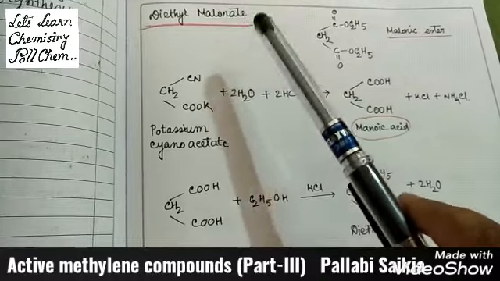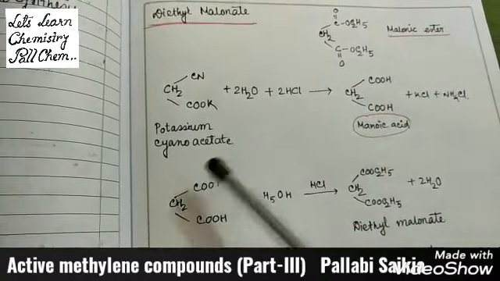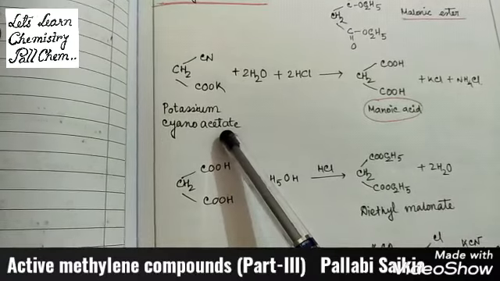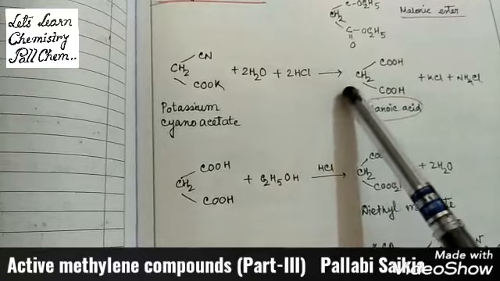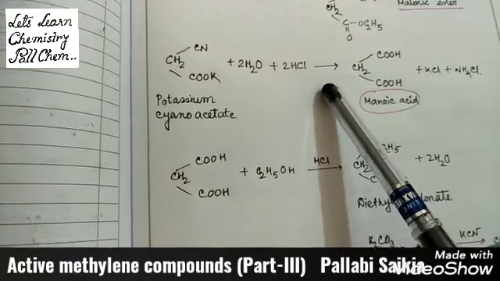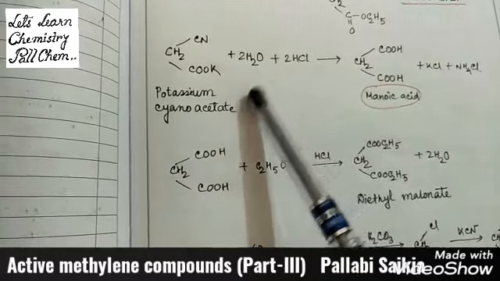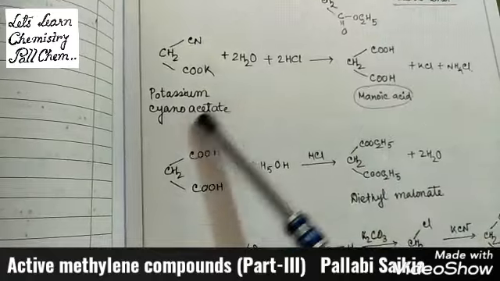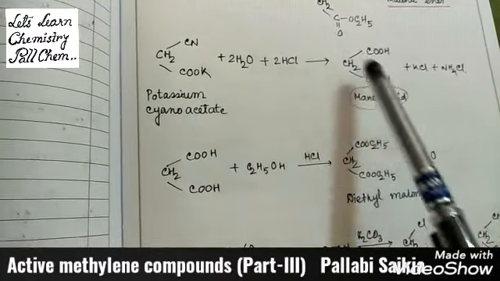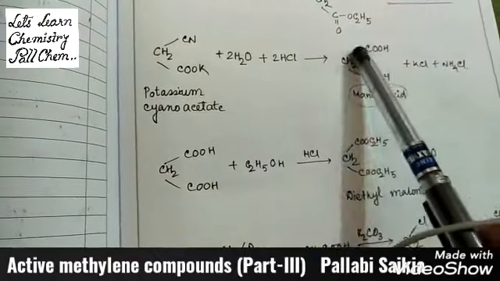This diethyl malonate is prepared by boiling sodium or potassium cyanoacetate with alcohol and concentrated hydrochloric acid. In the first step, potassium cyanoacetate is treated with acid to form malonic acid. The salt is converted to acid and the cyanide is converted to acid.